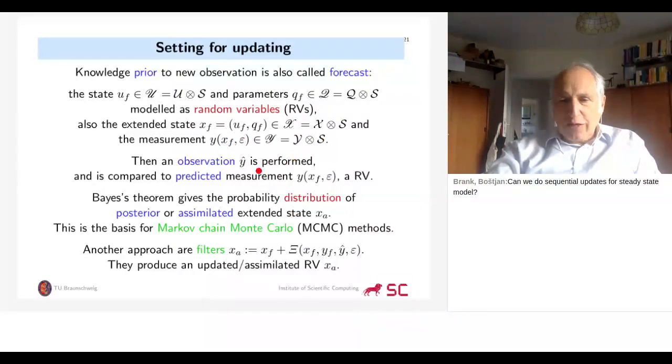Now we perform an observation, and we have to compare it to this random variable, and that's what we do by Bayes' theorem. It gives the probability distribution, though, only of this new assimilated state. This is the basis for Monte Carlo methods, Markov chain Monte Carlo. Another approach are these filters where this mapping is determined or approximated. We'll come to that later. So we'll look at this first and then at this.